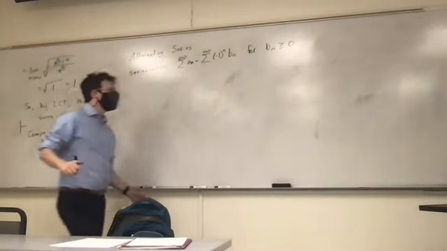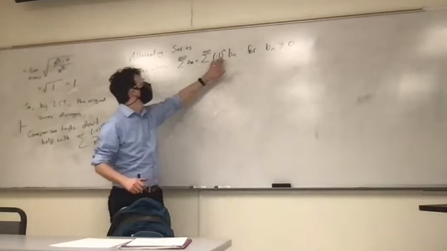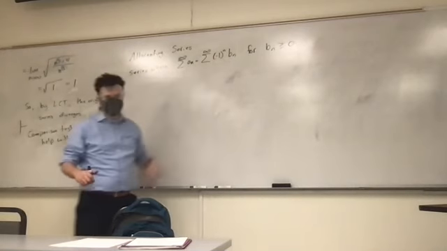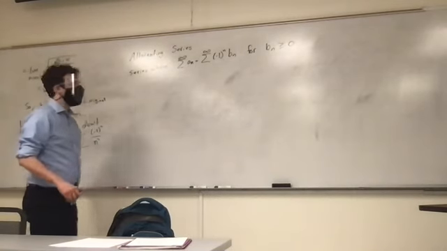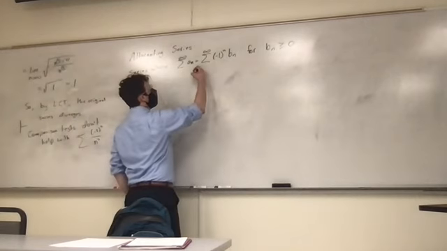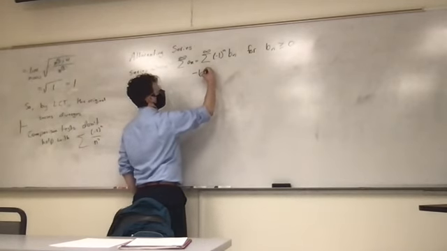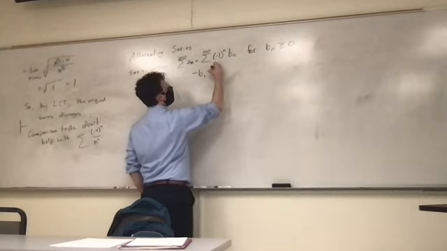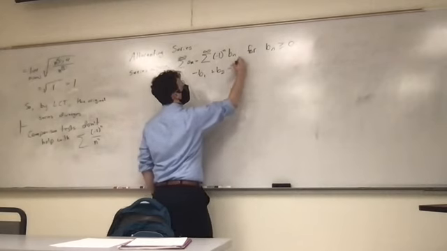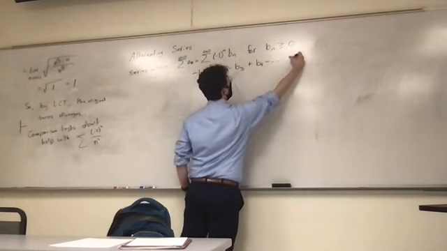So by an alternating series, I mean there's some positive sequence, but you're letting it alternate. This would be something like negative b_1 plus b_2 minus b_3 plus b_4, and so on.